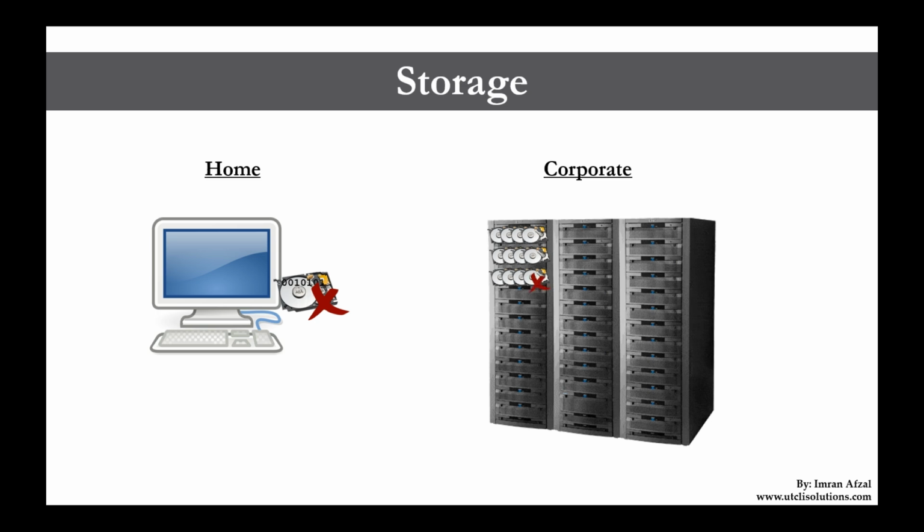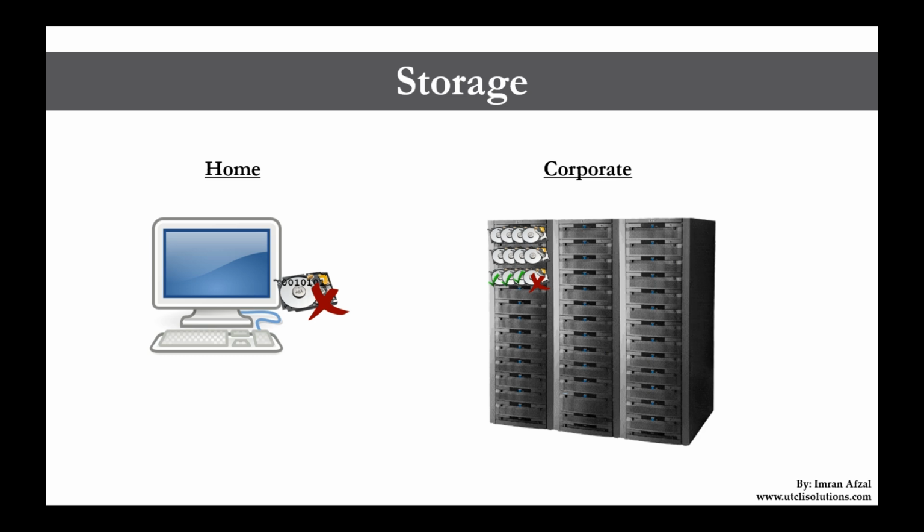In case you lose one disk in this array, you have other disks from which you can retrieve your data. So this way, no matter what happens, if you lose one or two or three disks, or as many disks as depending on how you set it up, with that corporate storage array you will be able to retrieve that data. Now, that corporate storage can be accessed either through SAN or NAS.